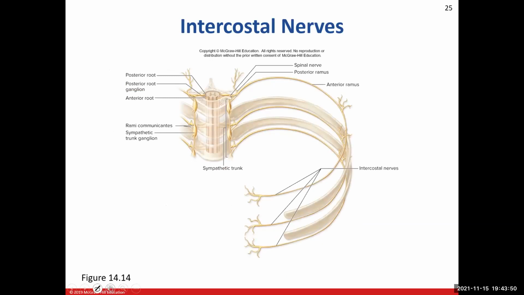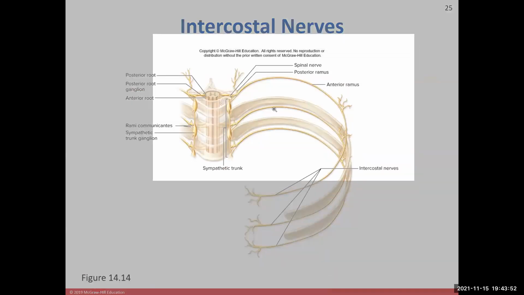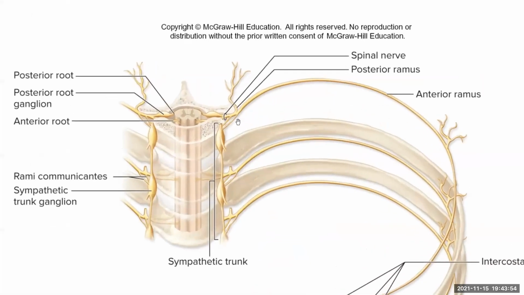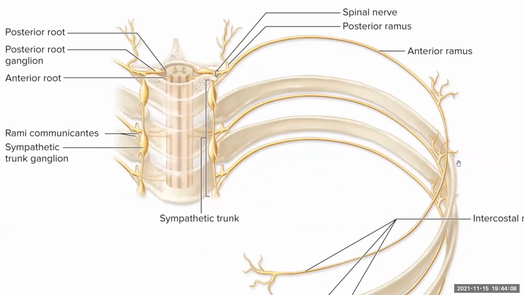When we're looking at our intercostal nerves coming off, let me zoom in here a little bit. So here's our spinal nerve. Then it gives off the posterior ramus, and that goes off to innervate the deep muscles of the back and the skin back here. The remaining portion is the anterior ramus. That swings around here to the side and gives off some branches to innervate the sensory dermatomes on the lateral region.